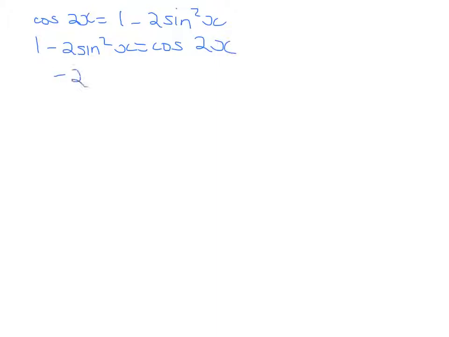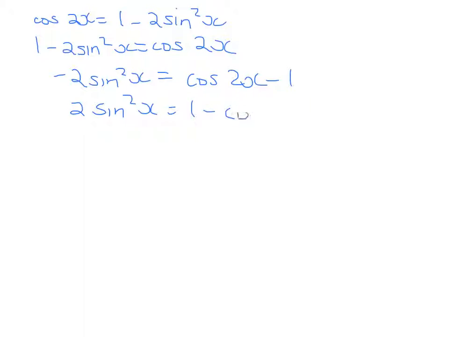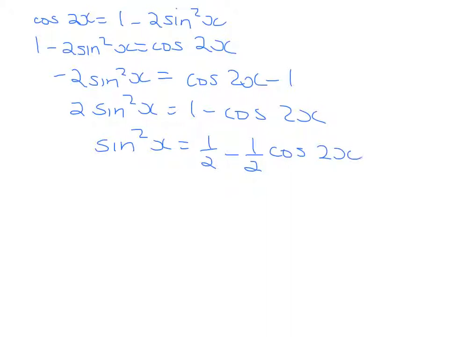And then that's minus 2 sine squared x equals cos 2x minus 1. Change signs. 2 sine squared x equals 1 minus cos 2x, and divide both sides by 2. Sine squared x equals a half minus a half cos 2x.